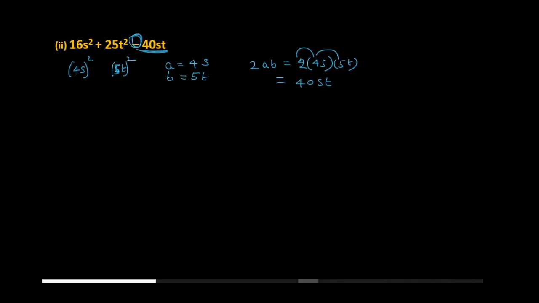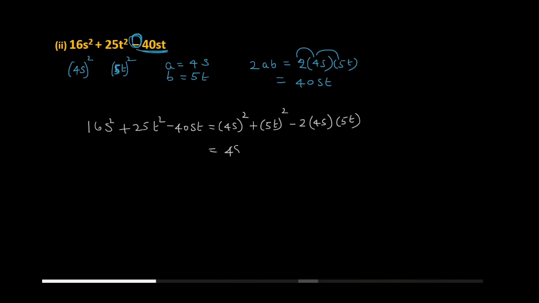So we can factorize this: 16s squared plus 25t squared minus 40st is nothing but (4s) the whole squared plus (5t) the whole squared minus 2 into 4s into 5t, which is nothing but 4s, and the middle term sign is minus, so minus 5t, the whole squared.